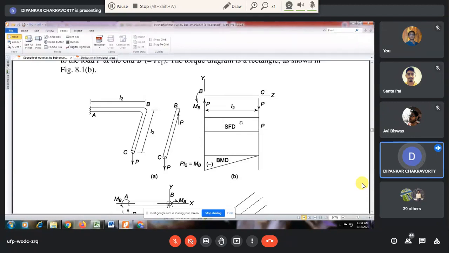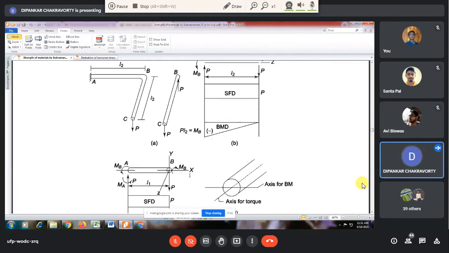So you have a constant shear P and a bending moment which is linearly varying, which is 0 at C, and at B the value is PL2. Is it clear?